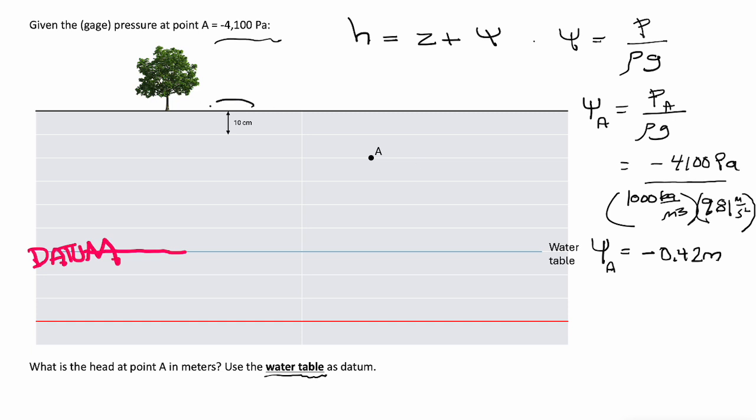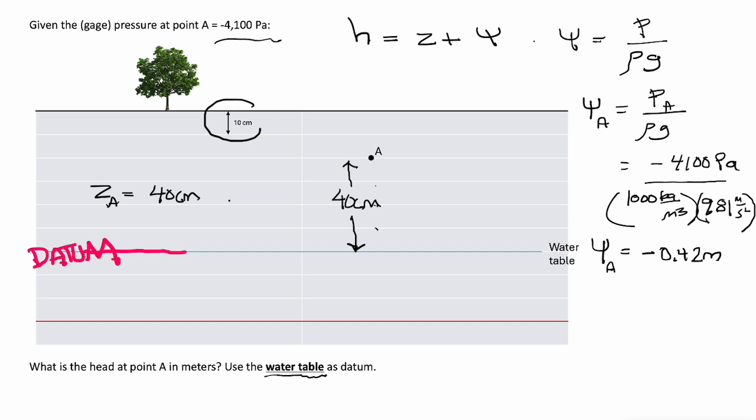Once again, remember these little lines are 10 centimeters apart. So relative to datum, we are 10, 20, 30, 40 centimeters above the datum. So that produces a Z for A equal to positive 40 centimeters.